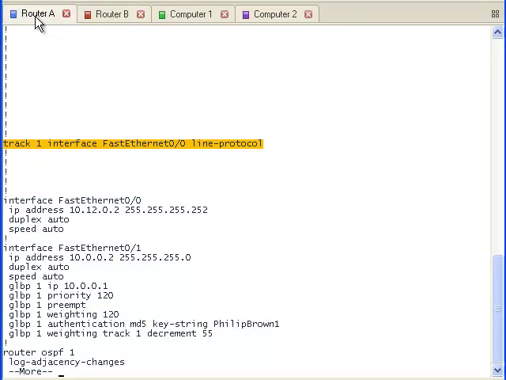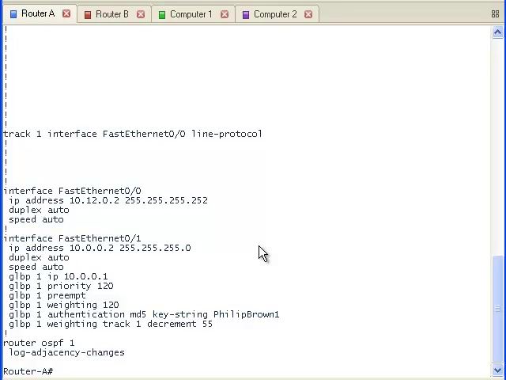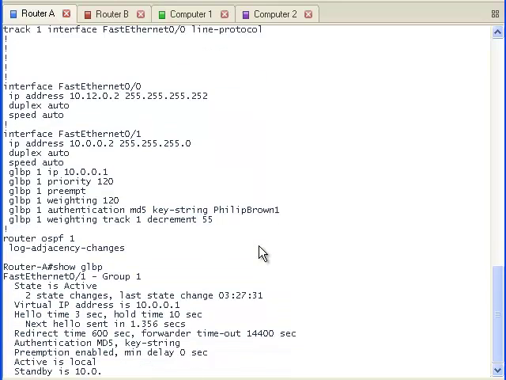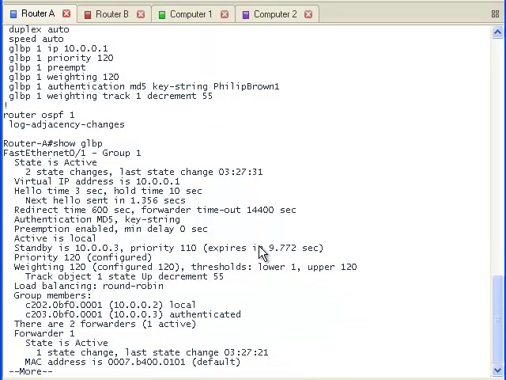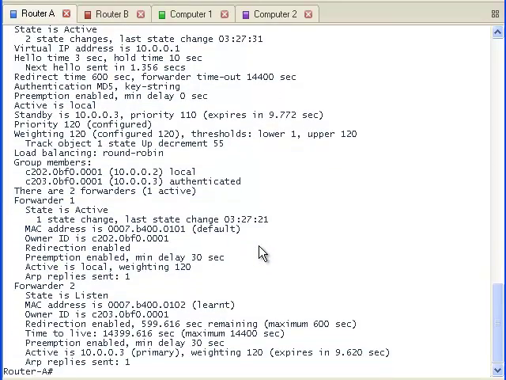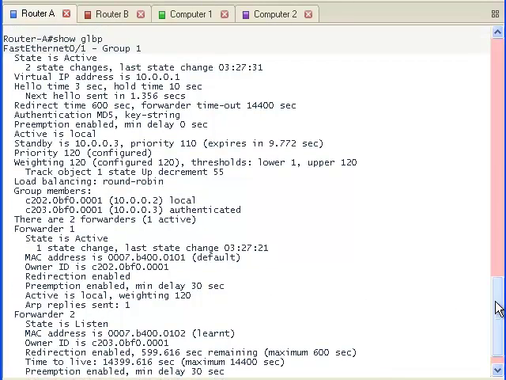Now let's take a look at the status of the Gateway Load Balancing Protocol. We see that it's set up as group 1.